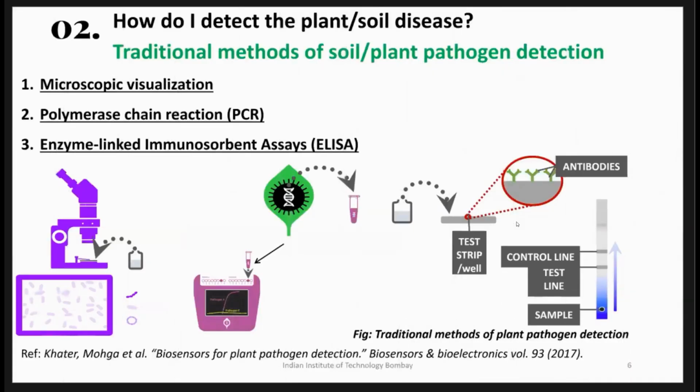The traditional methods of detecting plant pathogens would be microscopic visualization, PCR, or ELISA. All these are traditional gold standard techniques, excellent, but they do have some limitations. You require skilled labor, you need sophisticated laboratories, and you would require time, because microbiological work would involve 2 to 3 days for identification.